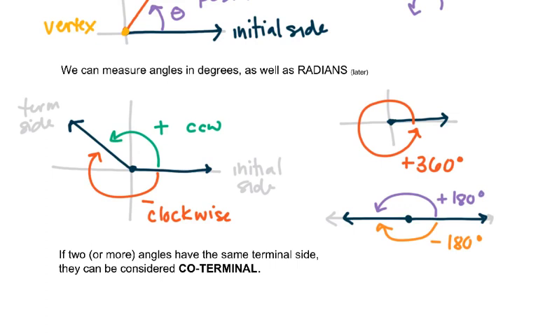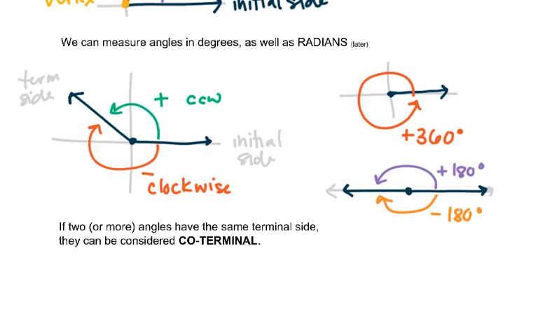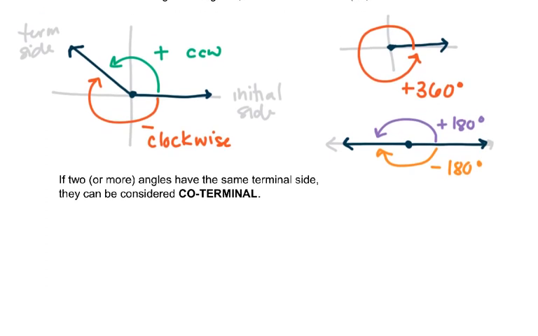So one thing we're noticing is that I'm giving this angle two different measurements. And what we're determining here is that if two or more angles have that same terminal side, they can be considered coterminal. So an example of two coterminal angles.